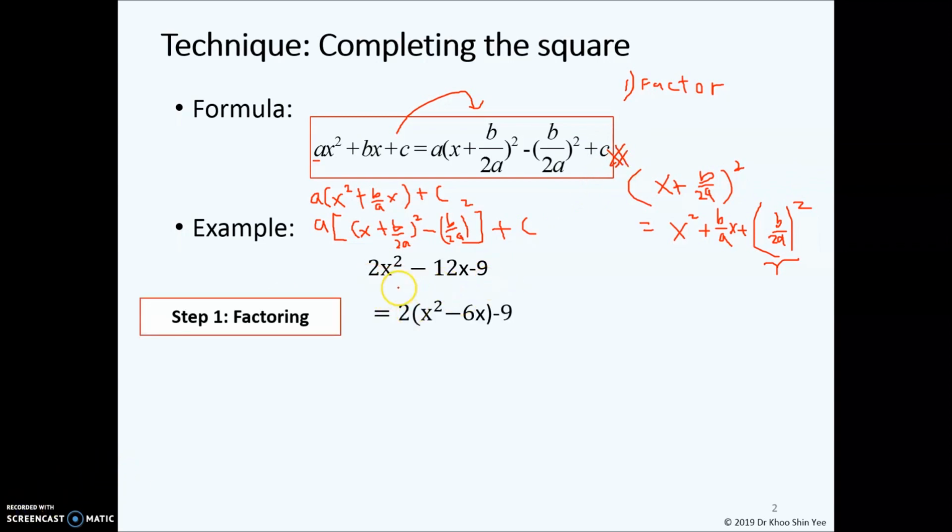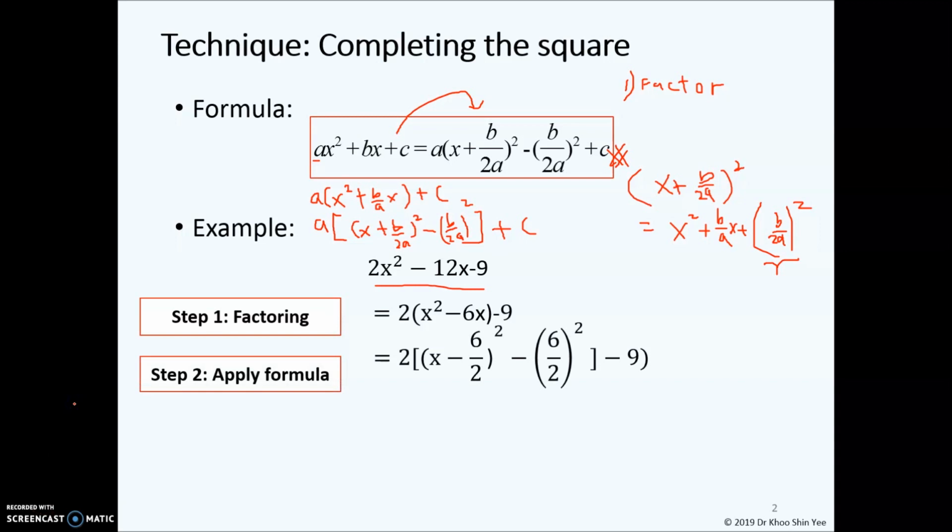Let's solve this problem. We want to get the completing the square for this function. So first step, you factor out the 2 constant. Okay, 2 multiply x squared, 2 multiply negative 6, you get back the negative 12. Then you apply the formula.